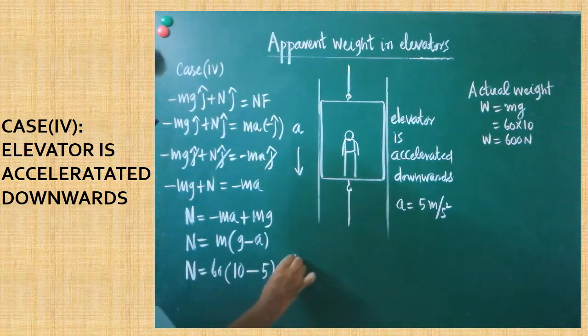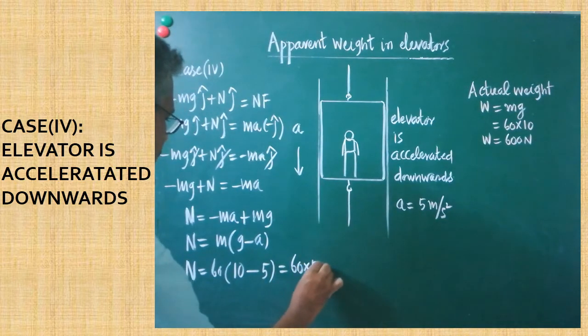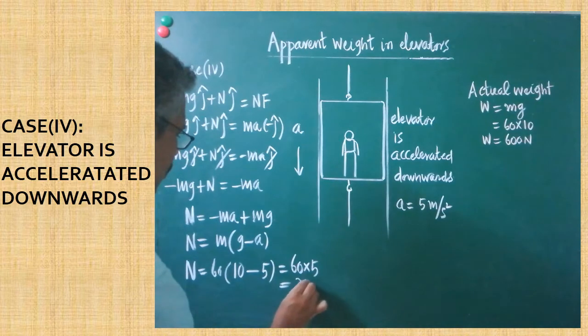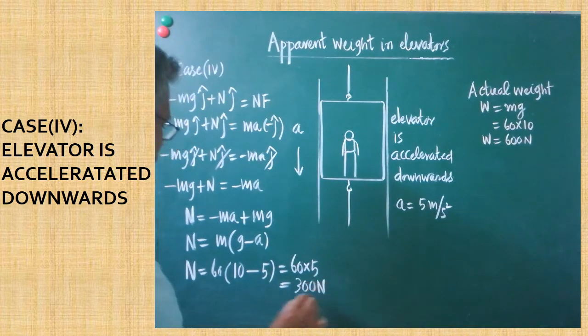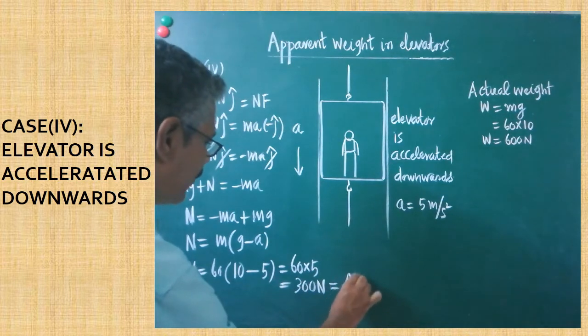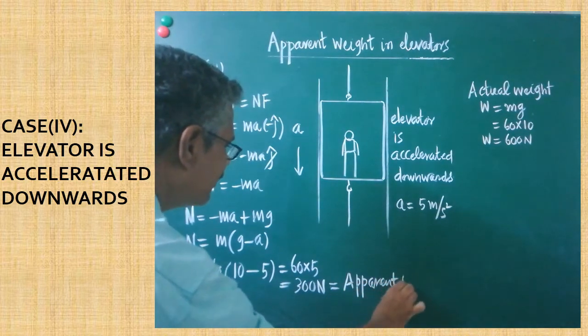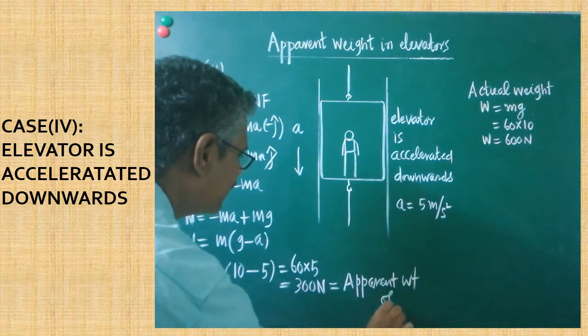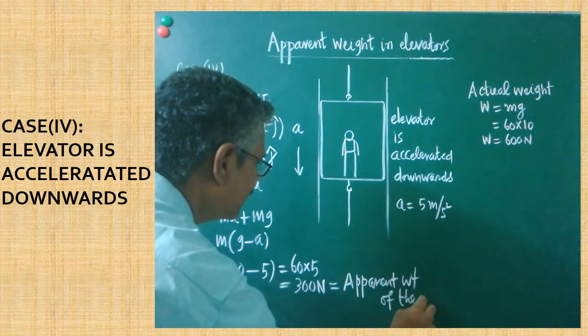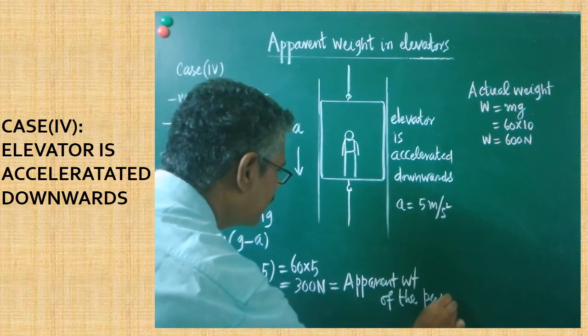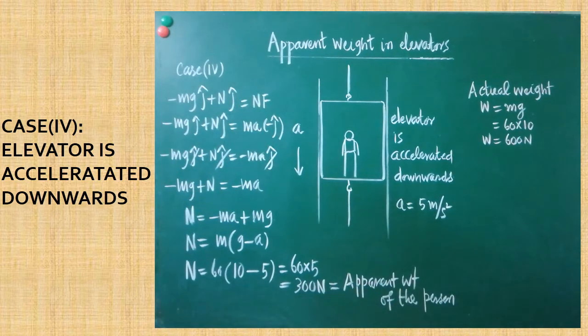Therefore 60 into 5, which is equivalent to 300 Newton. This is the normal reactional force, but what does this give you? Apparent weight. This is the apparent weight of the person, given by the normal reactional force.